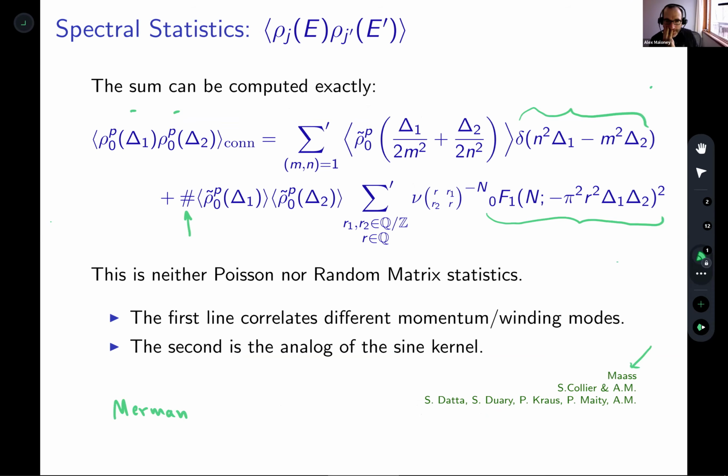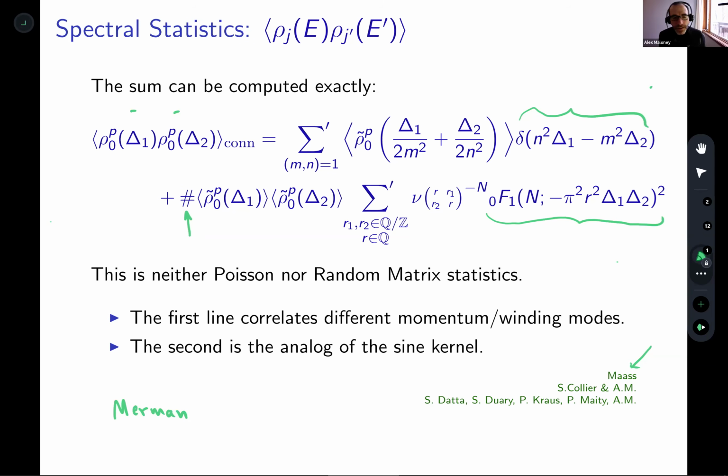If you want Poisson statistics, you have to go to one symmetry restricted sector. It will not be Poisson if you have more than one of these symmetry sectors. You need to go to a block in which all of the symmetries are fixed in some sense.